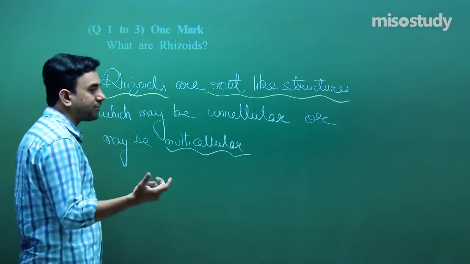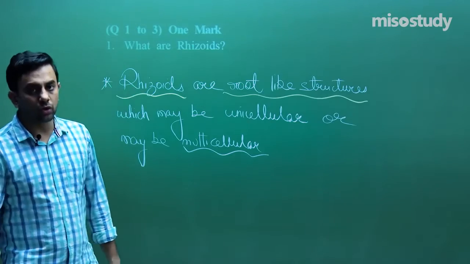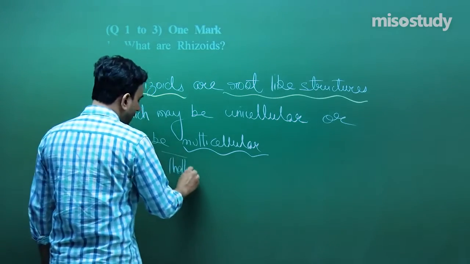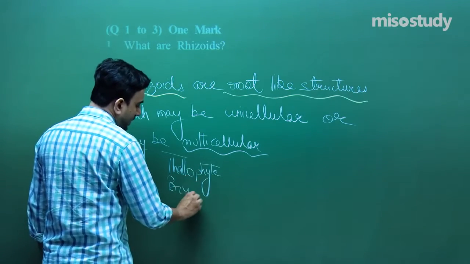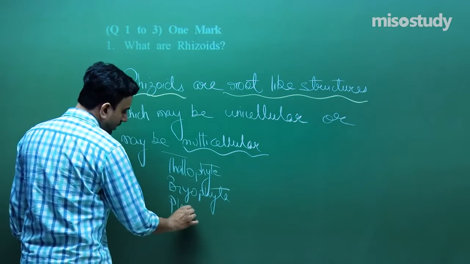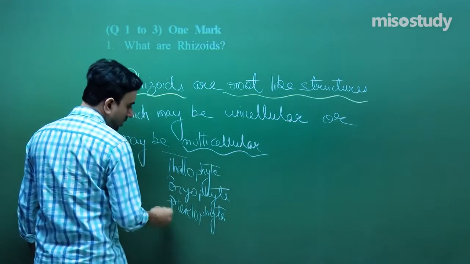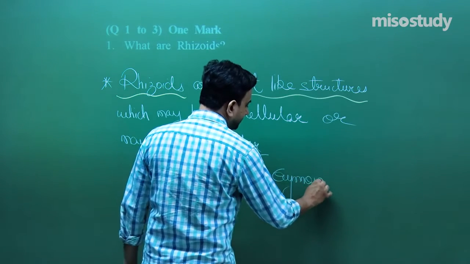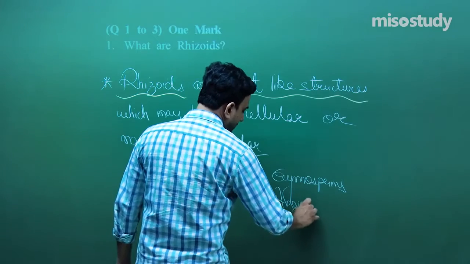When we divide the plant kingdom according to the evolutionary lineage, we have the thallophyta, the bryophyta, the pteridophyta, the gymnosperms, and the angiosperms.